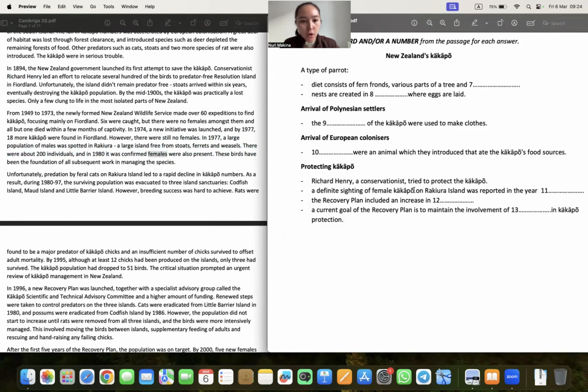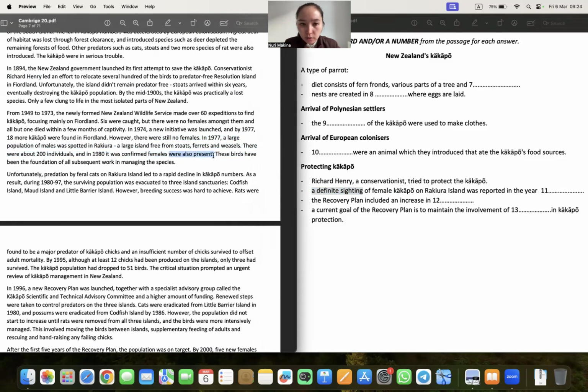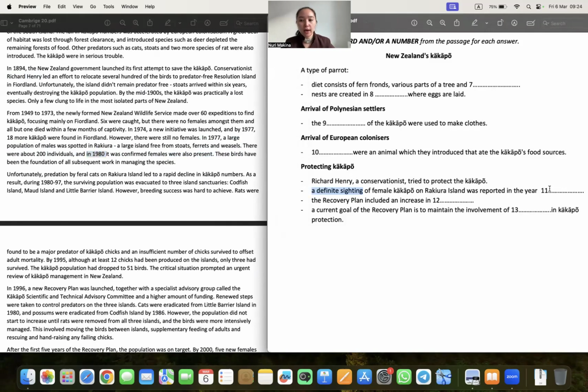And a definite sighting, as I mentioned, adjectives are very important. So this gives us the clear vibes of the words were also present, which means you could face these female kākāpō. And so the answer is 1980. So yeah, that's how you can make it.